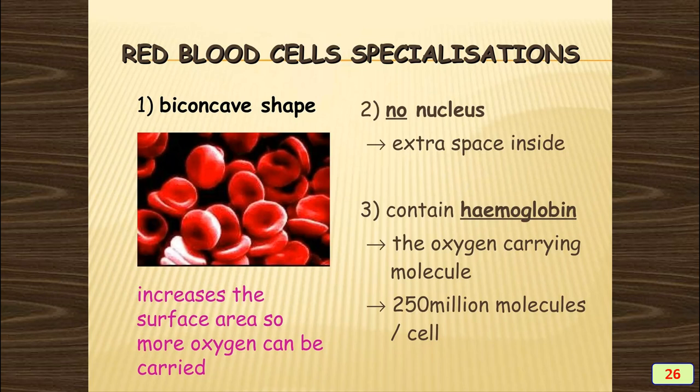These cells contain hemoglobin for the supply of oxygen to all the organs in the body, around 250 million molecules per cell. There is an increase in the surface area so more oxygen can be carried wherever it is required.